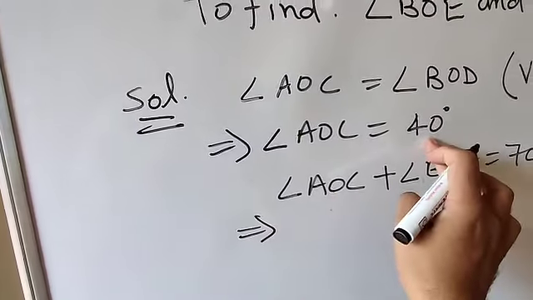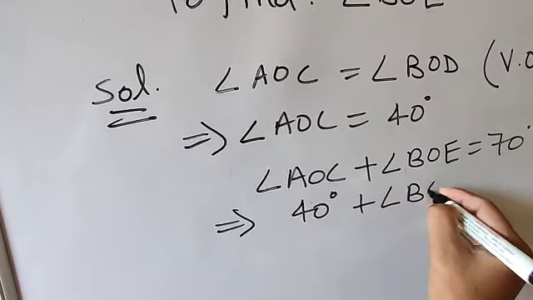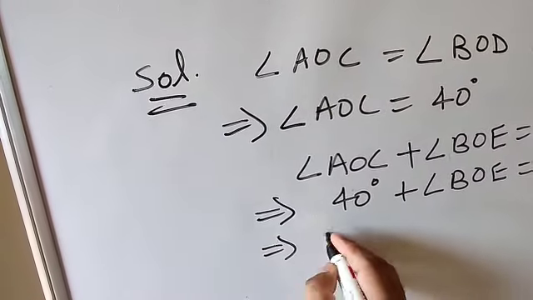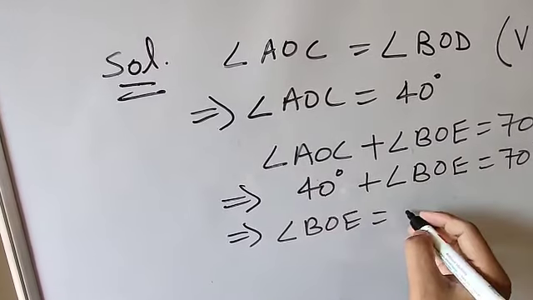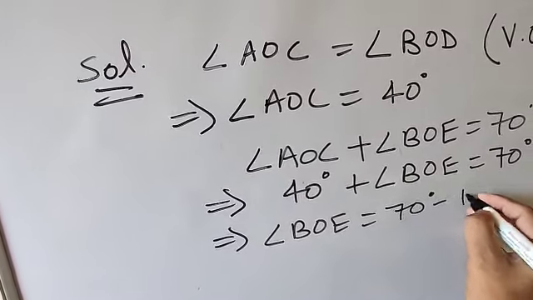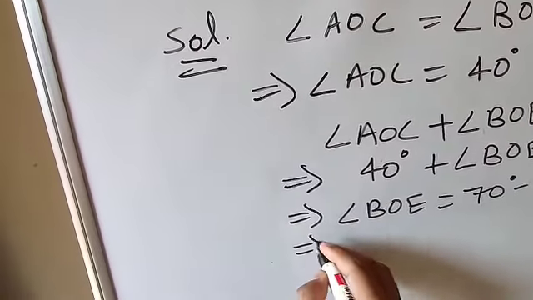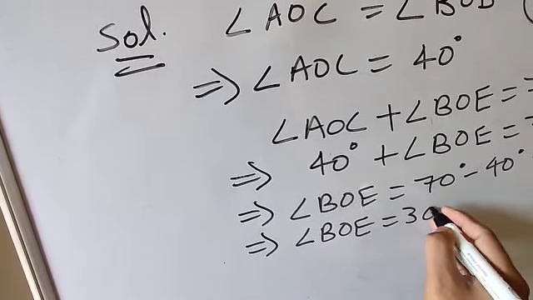Now here angle AOC is 40 degrees, so I am going to write 40 degrees plus angle BOE equals 70 degrees. It shows that angle BOE equals, if 40 is transferred to the right side, 70 degrees minus 40 degrees, that is equal to 30 degrees. So angle BOE equals 30 degrees.